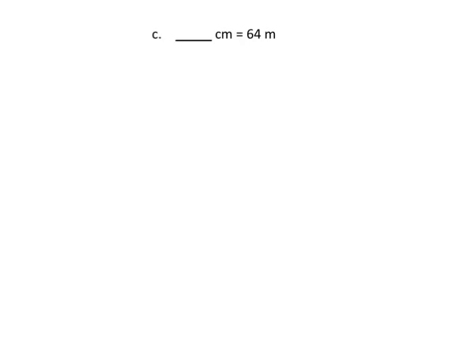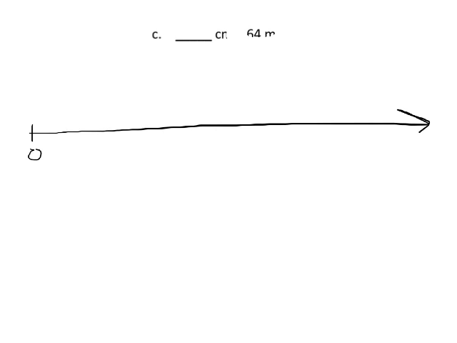So in this problem, I'm going to try and draw a picture, like a tape diagram, to help me understand and represent this problem. So we've got 64 meters, and so I'm going to draw a representation of 64 meters. And so I'm just going to kind of draw a number line. Here's 0, here's 1, here's 2 meters, here's 3 meters, here's 4 meters, dot, dot, dot, etc. So I could put a little m for meters.